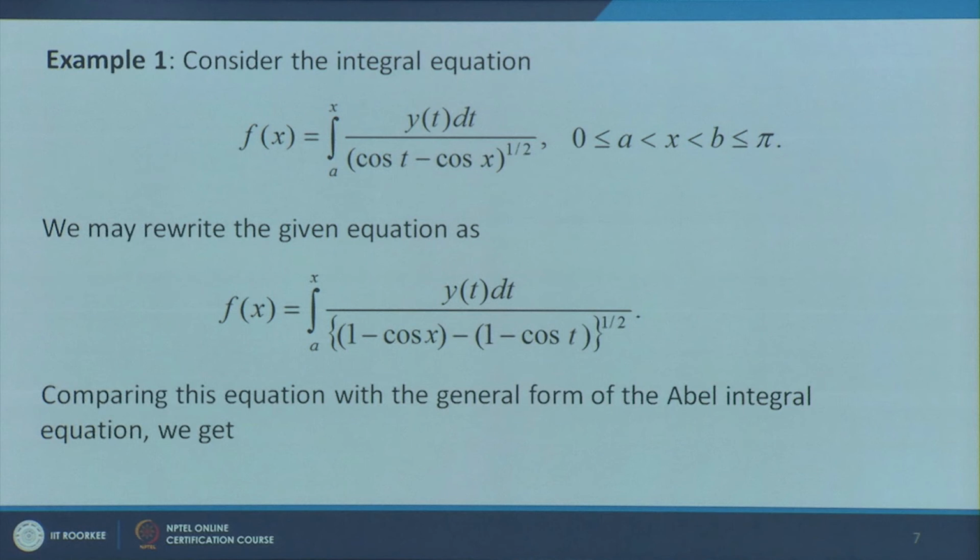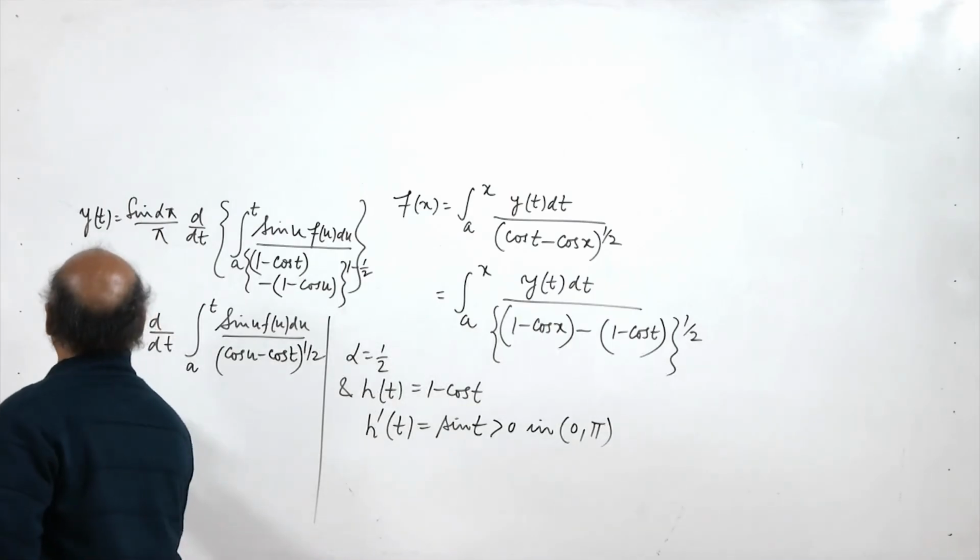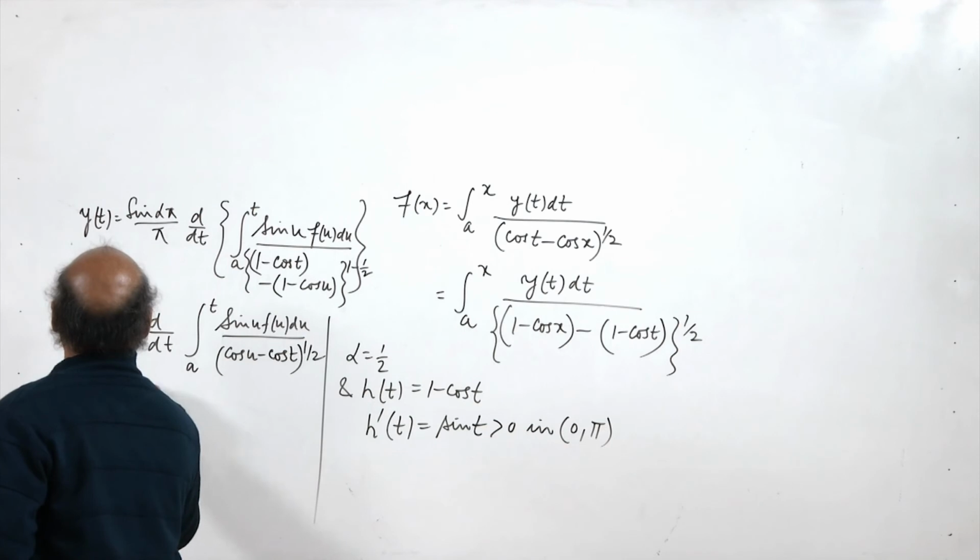The equation is f(x) equal to the integral from a to x of φ(t) dt over (cos t minus cos x) raised to the power half. Here alpha is 1 by 2, so we have sin(pi by 2) over pi.